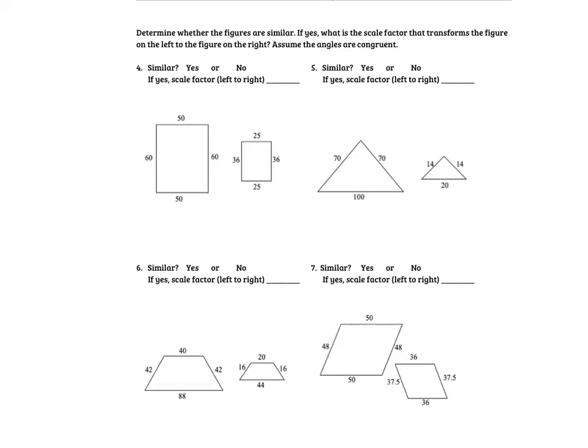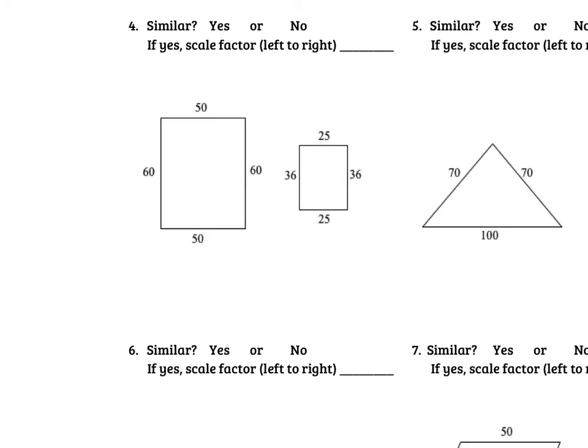All right, so I'm going to do number 4 with you. I can see that this side corresponds with this side, and that this side corresponds with this side, right? So I need to look at the proportions. I have 50 over 25, and I have 60 over 36. The other two sides are the exact same things.